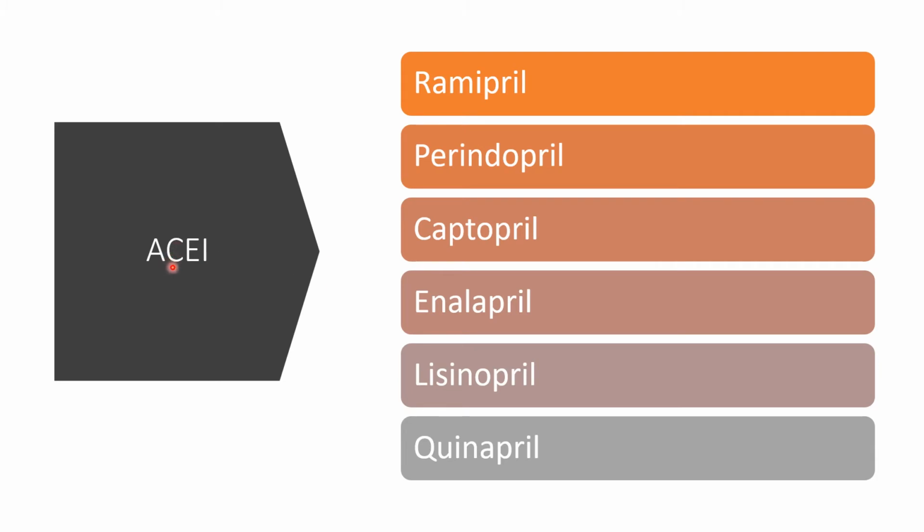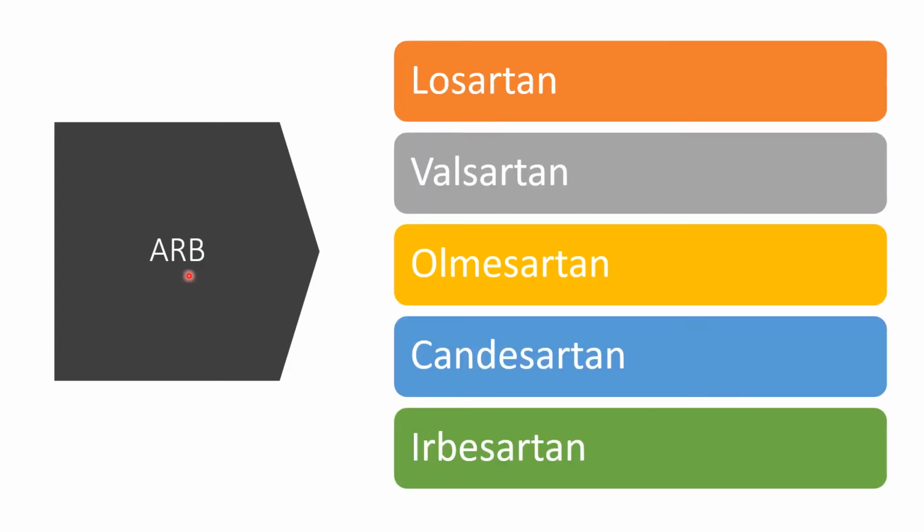Now, angiotensin converting enzyme inhibitors like ramipril, perindopril, captopril, enalapril, lisinopril, quinapril. But if there's angioedema, then you change. Angiotensin receptor blockers: losartan, valsartan, olmesartan, candesartan, irbesartan.